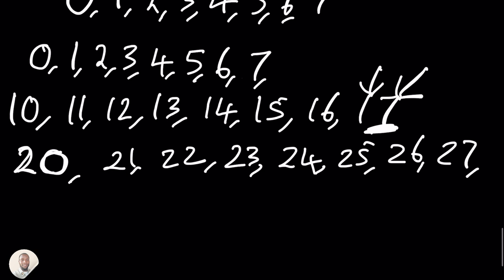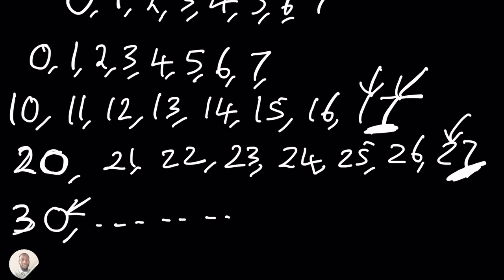The next becomes what? 30. How do we arrive at 30? 7 is already the highest, so it becomes 0 here, and it adds 1 to the next place value, which becomes what? 3. So it goes on and on similarly too.